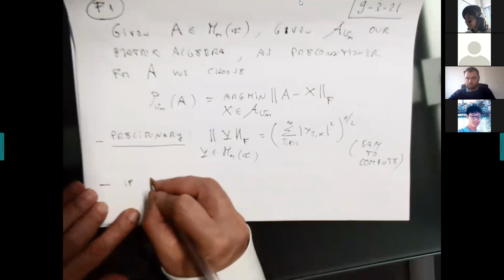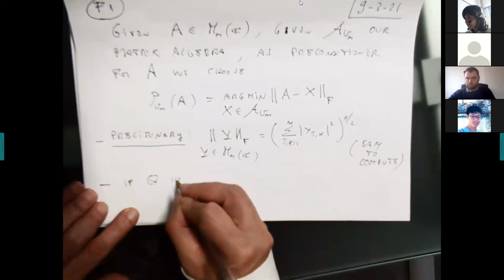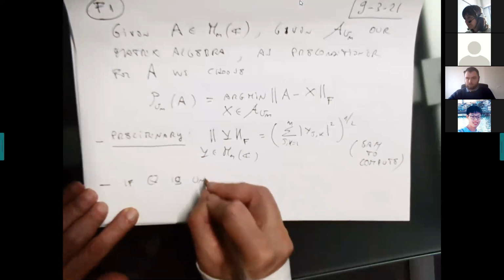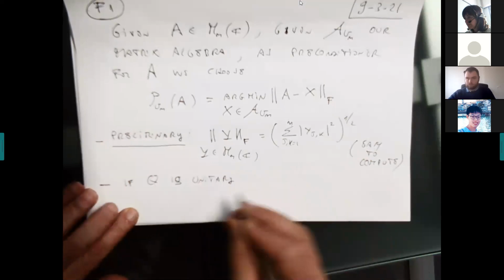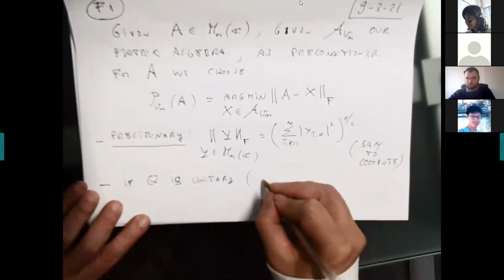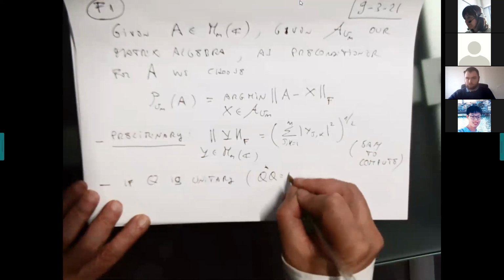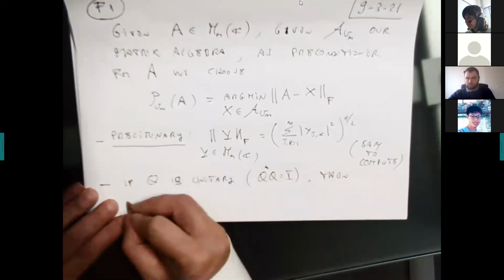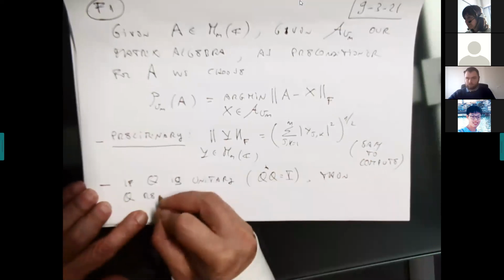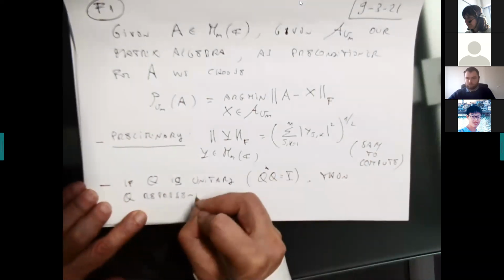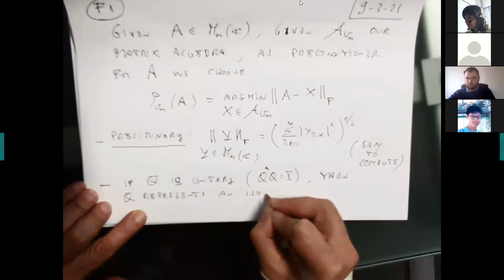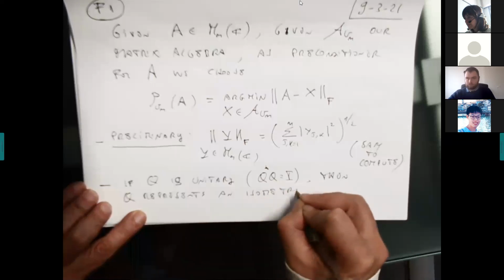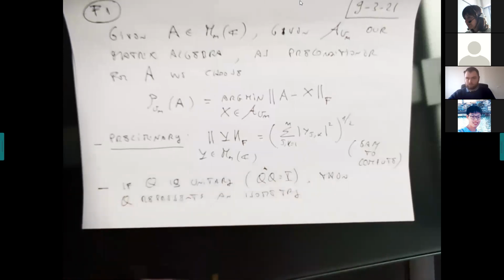If Q is unitary, so remember Q star Q is equal to the identity, then Q represents an isometry, a transformation that does not change the Euclidean norm.